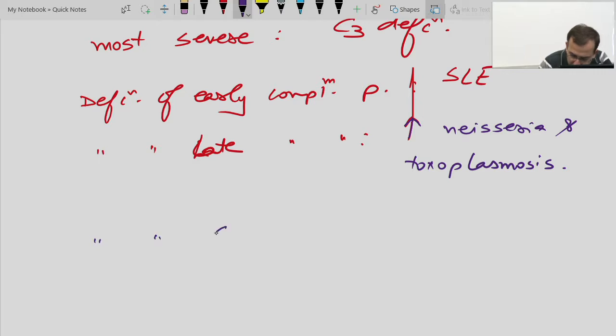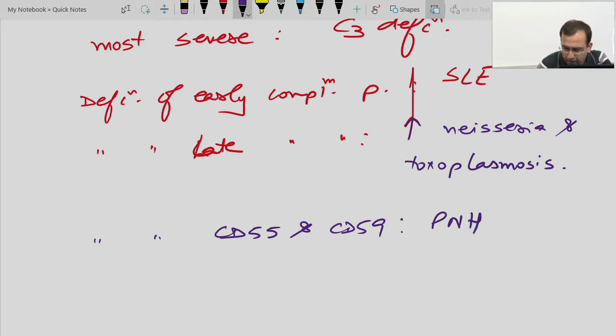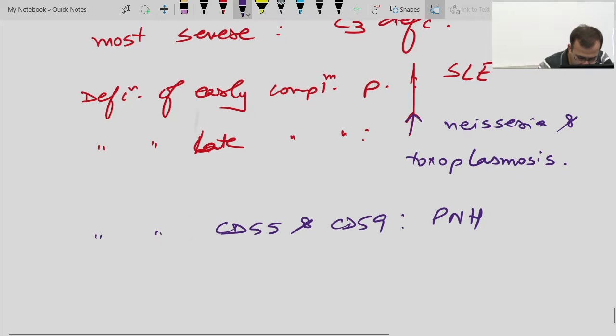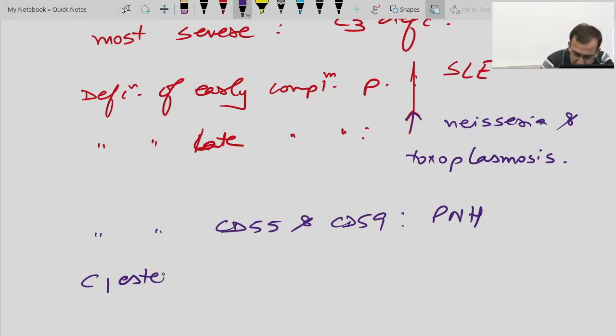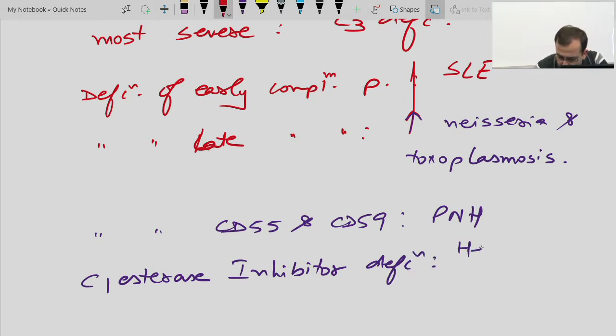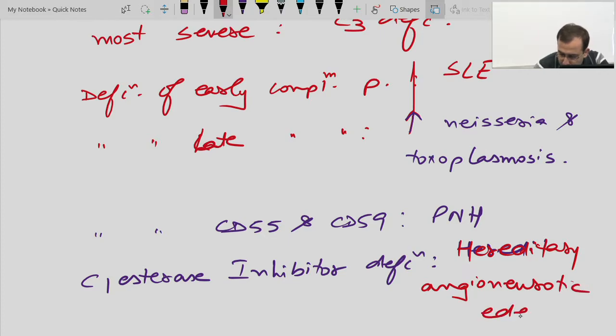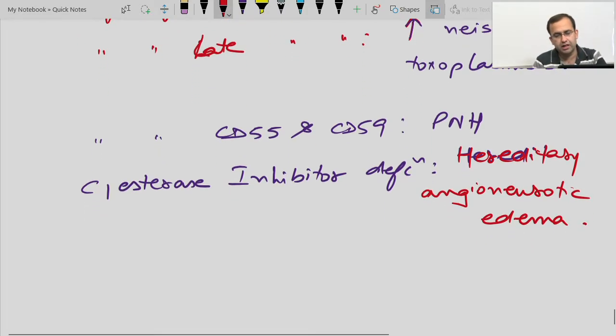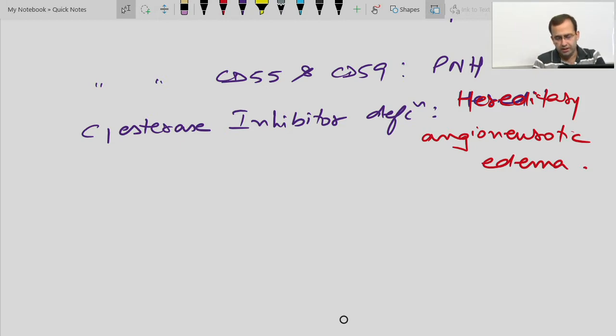Next point, you very well know deficiency of CD55 and CD59 is PNH, paroxysmal nocturnal hemoglobinuria, and the last is C1 esterase inhibitor deficiency, which is associated with hereditary angioneurotic edema. Done. This takes care of question 127.